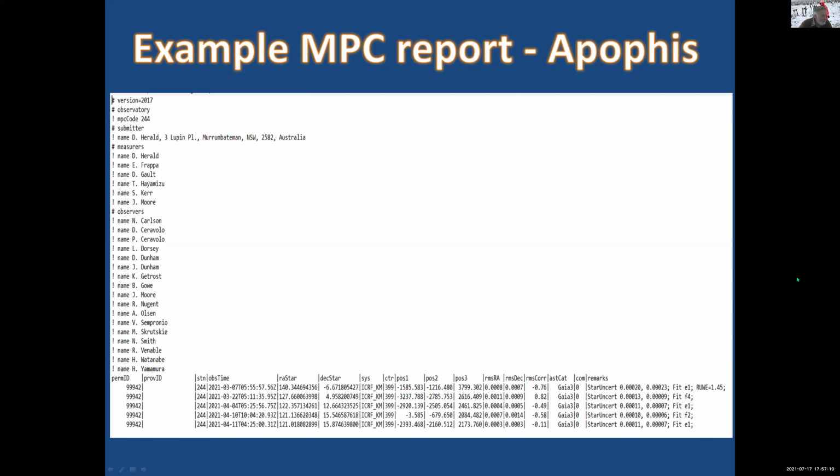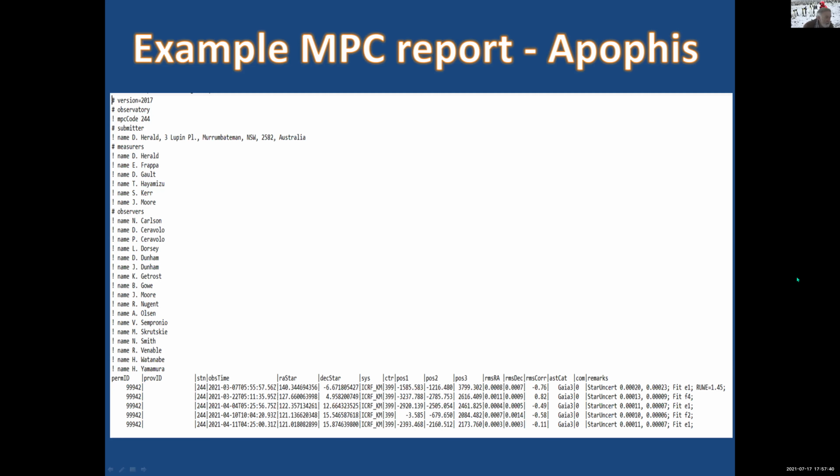Now, just for completeness, just so that you have some exposure to what the results are, I generated this report for the Minor Planet Center for the 5 events involving Apophis, which we've had success with.